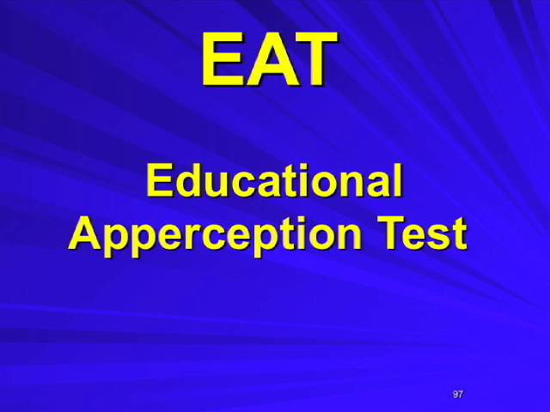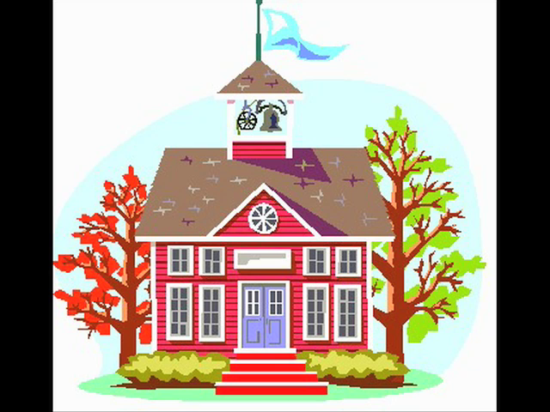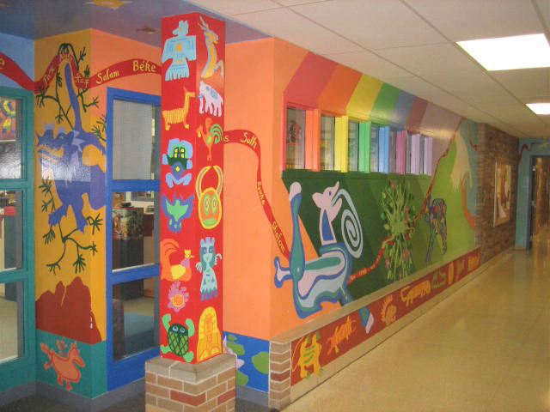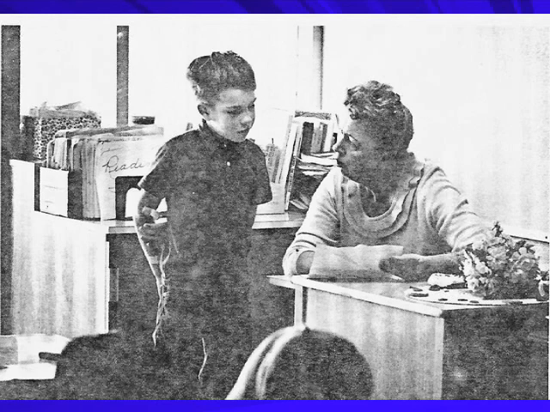The final projective test of which we'll be speaking today is the EAT, the Educational Apperception Test. And as you might suspect, these images show school settings, events that happen in the school, the educational, the academic realm. There we have image cards available for each gender.